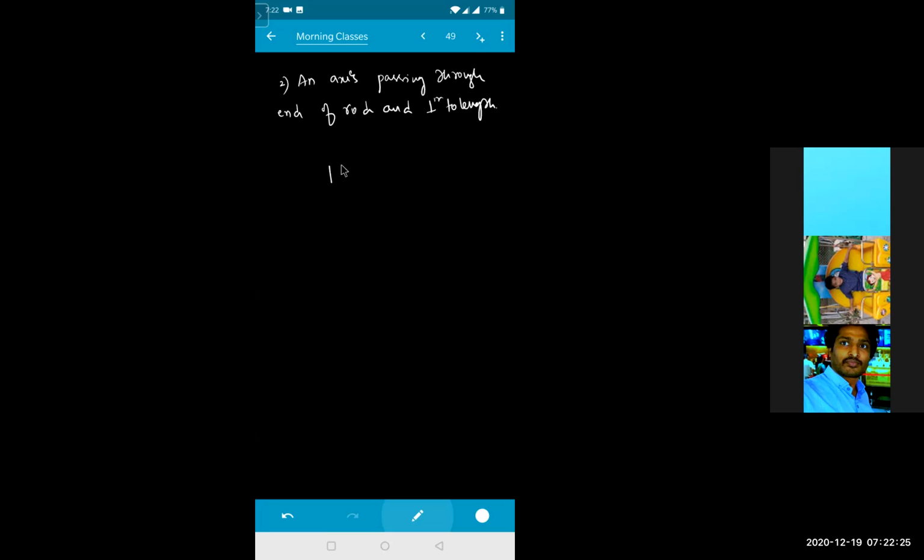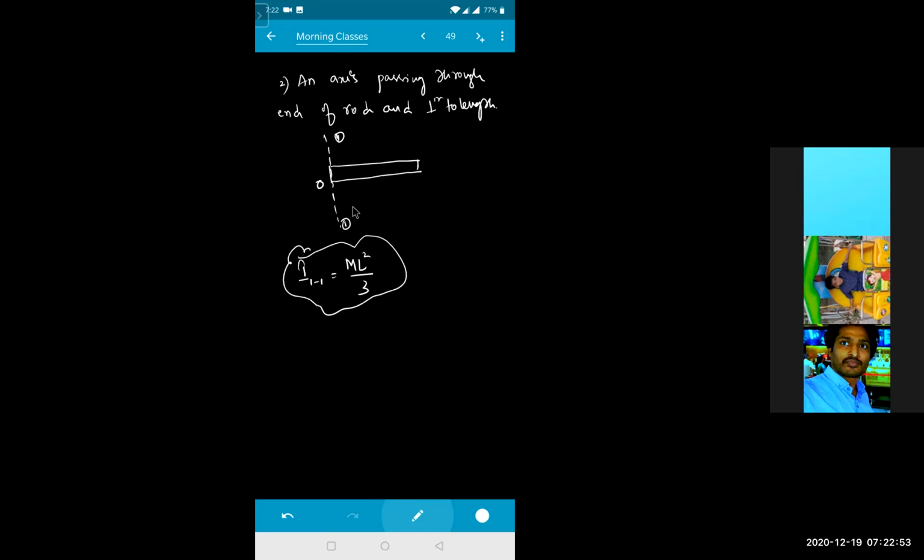The rod is now like this, and the axis is somewhere like this. This is your axis. So this is your O, this is your 1. This one is also your 1. So moment of inertia about this axis will be equal to m into L square divided by 3.